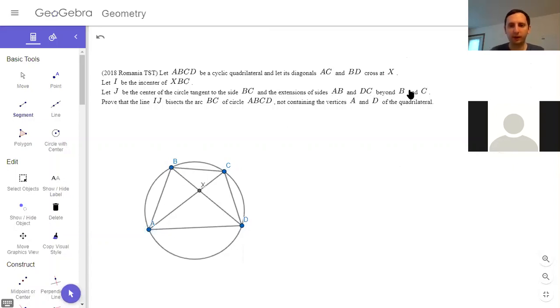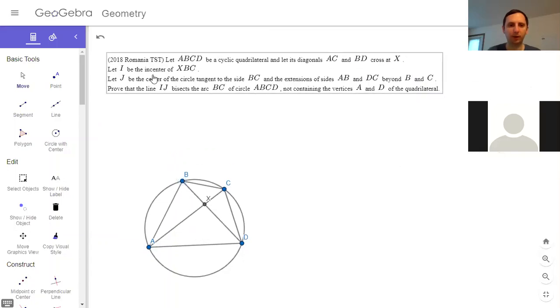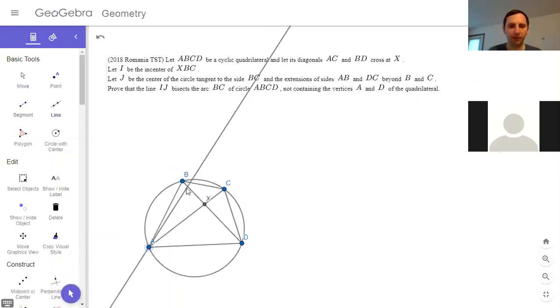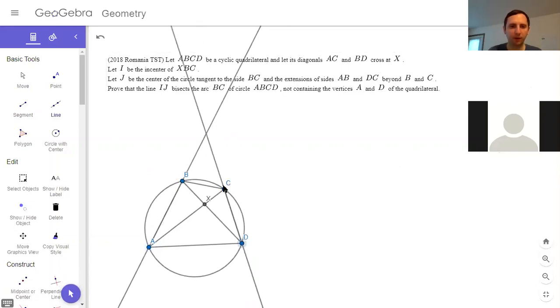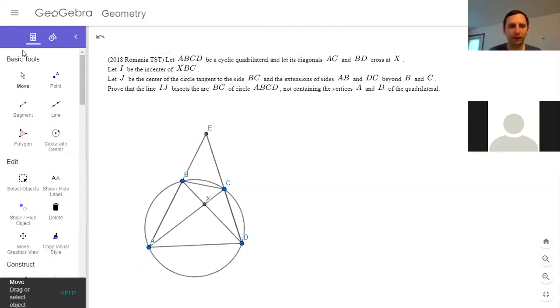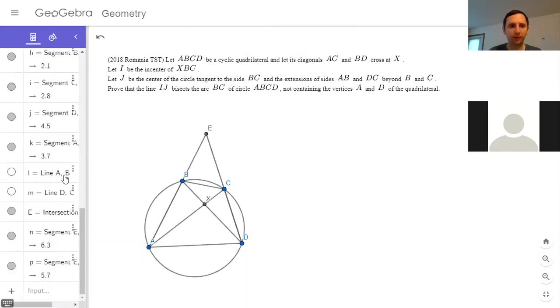AB and DC meet at, or they don't meet at J, but I'm gonna denote the intersection point, just call it E. So I is the in-center of XBC.